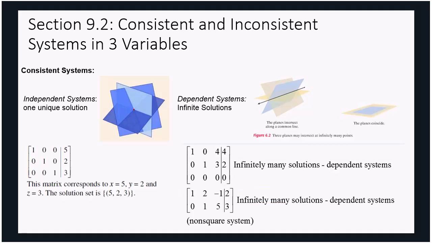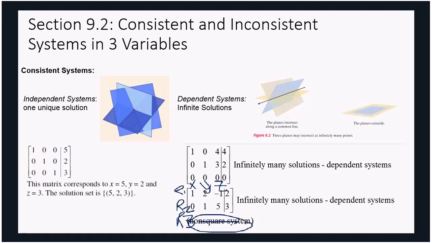You can see here that I have three variables, x, y, and z, and I should have three rows, row 1, row 2, and row 3, but because I don't have row 3, that means I have a non-square system, and non-square systems always have infinitely many solutions. So that's just something to keep in mind if you get a non-square system.